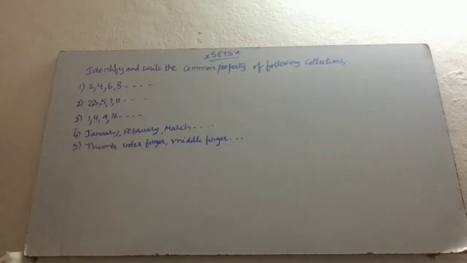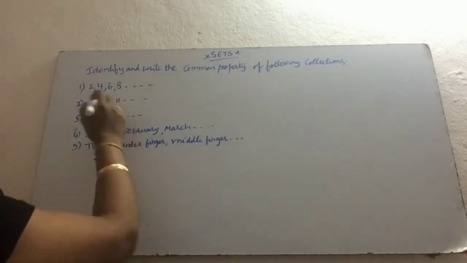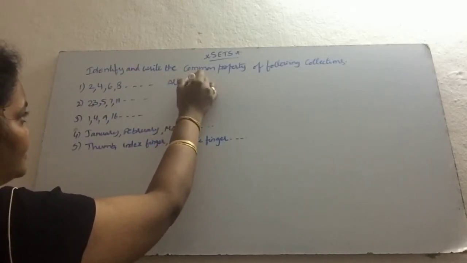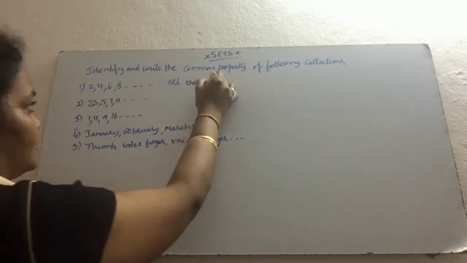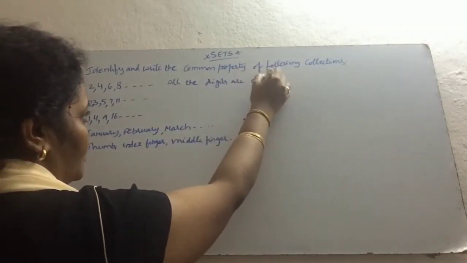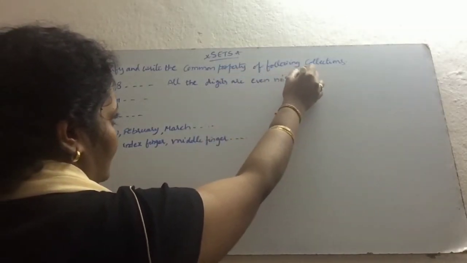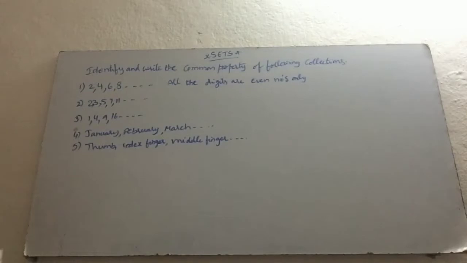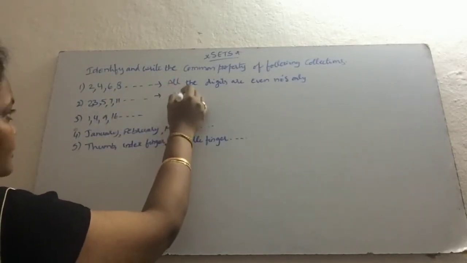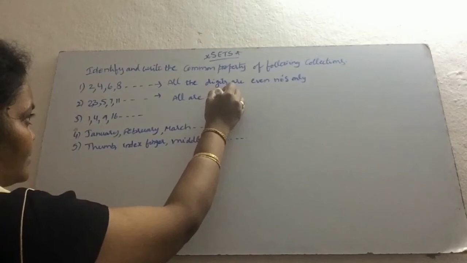They are asking the common property. In the first one, 2, 4, 6, 8, all the digits are even numbers only. And in the second one, all are prime numbers.